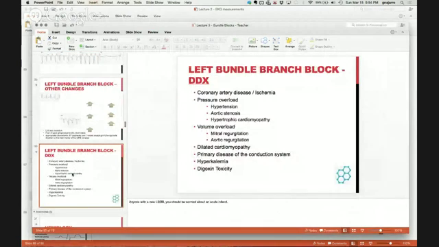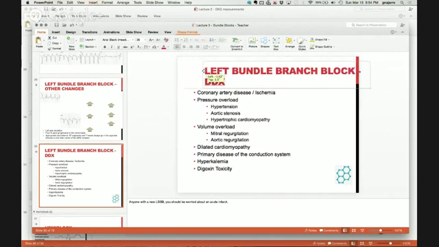Well, sure. If I tell you that somebody comes in with chest pain and a history of hyperlipidemia and they're a smoker and they have a new left bundle branch block, or a new EKG that looks like a left bundle branch block, and I ask you what the conduction delay is, then left bundle branch is the most likely answer.